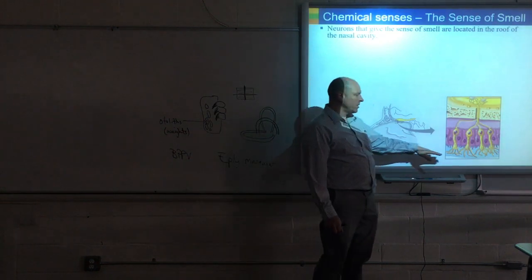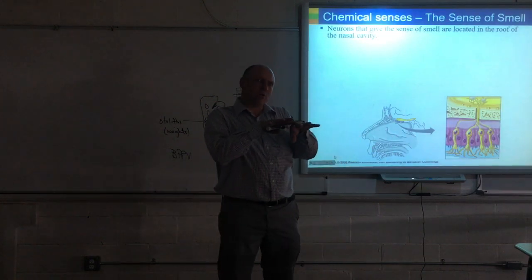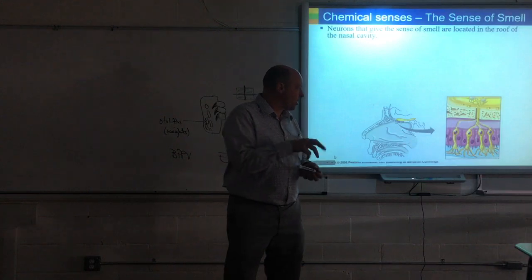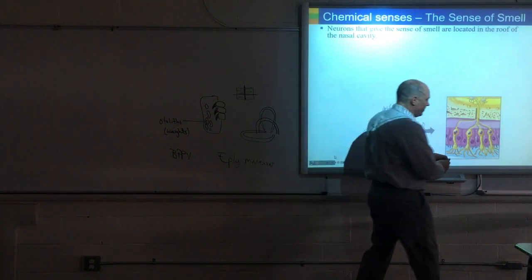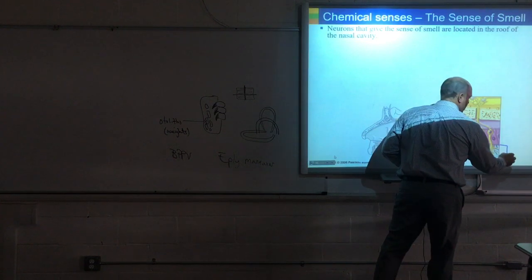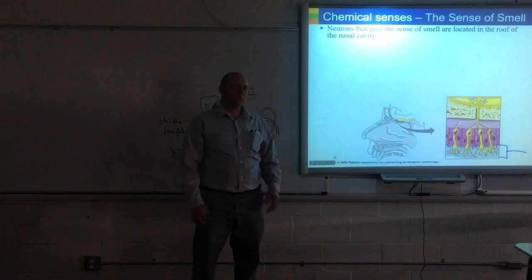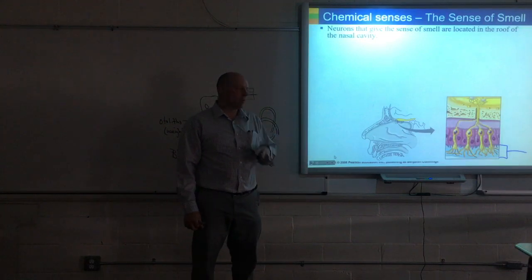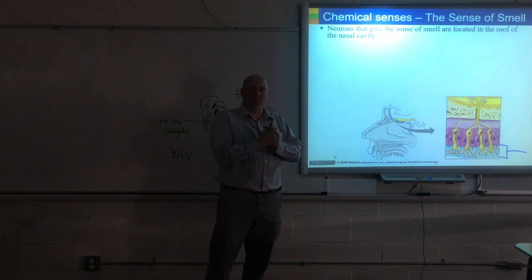Up inside your nose, you have a mucus layer that these neurons are embedded in. So if you look right here, you see that mucus layer? You have a lot of mucus within your nasal cavity, but this mucus layer is really important. When you smell something, the chemicals from whatever the odor is get trapped by that mucus.